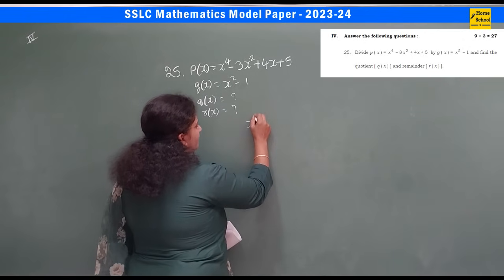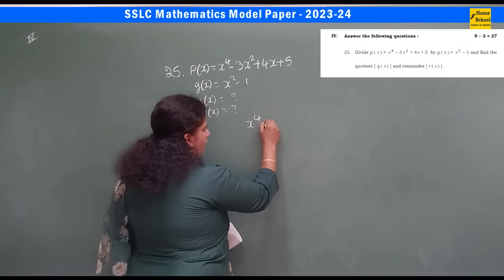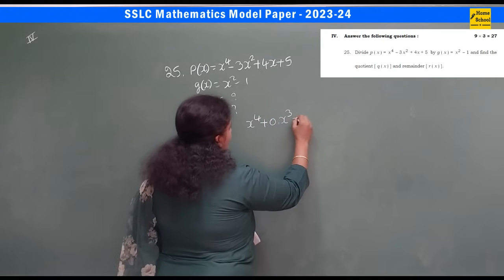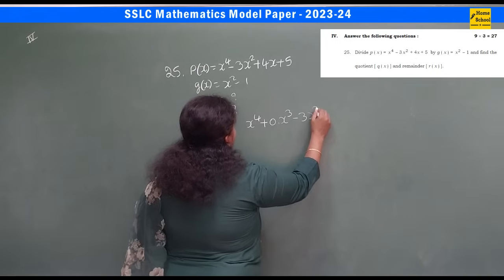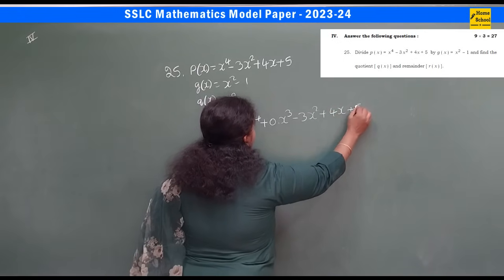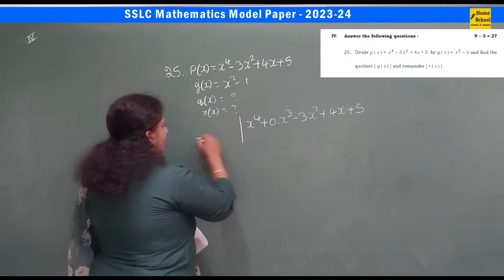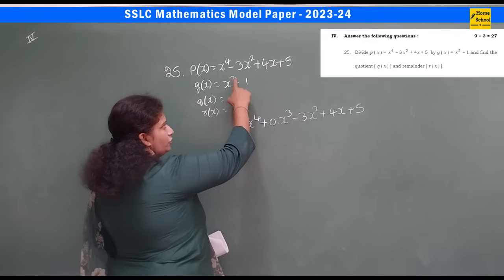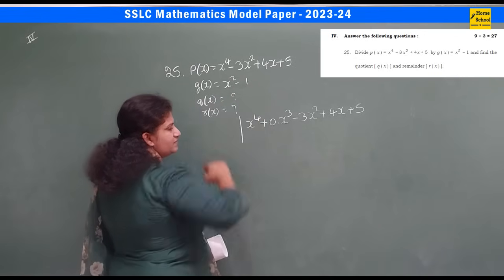So let me write it with x power 4 plus 0 into x cube minus 3x square plus 4x plus 5. Whereas for the divisor, observe again here powers 2 there, 0 there, but 1 is missing.